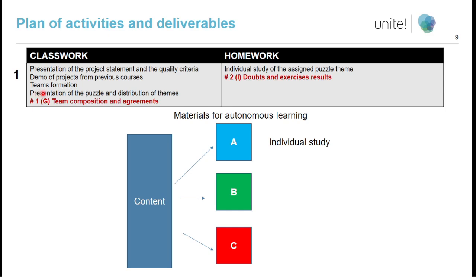We already know how a puzzle jigsaw works, since we ran one in the previous session of this workshop. In this case, it is an extended puzzle. Suppose that this is the content to be learned with the project. We must organize the content into 3 blocks, A, B, and C.